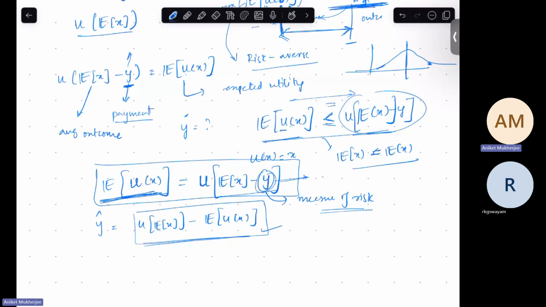I don't remember exactly, but y equals something of the form u double prime x by u prime x times the variance of x, like how much this outcome varies.